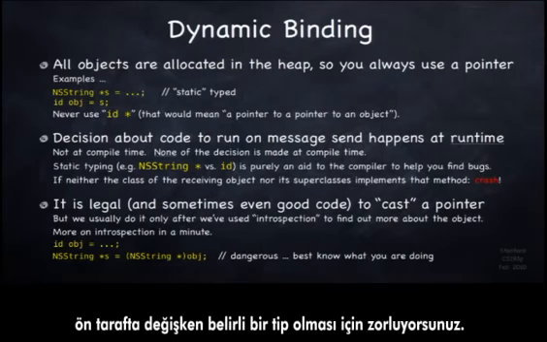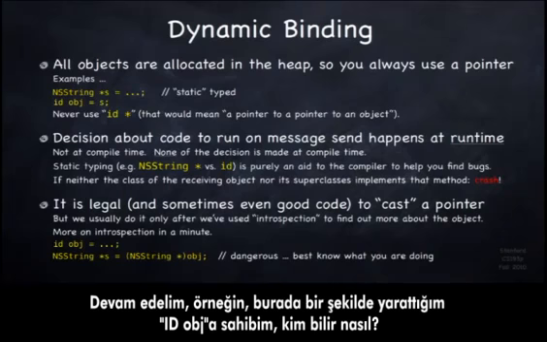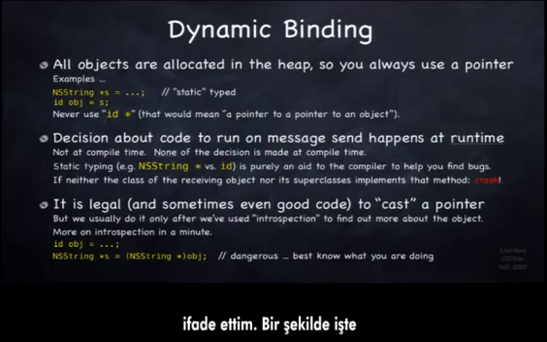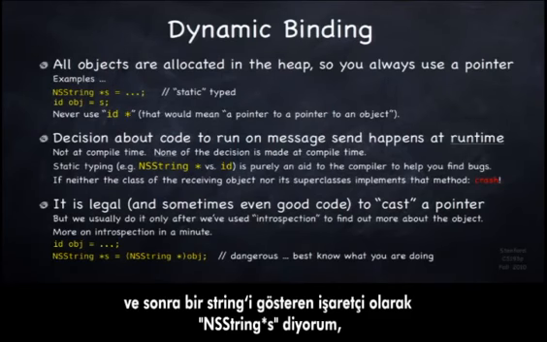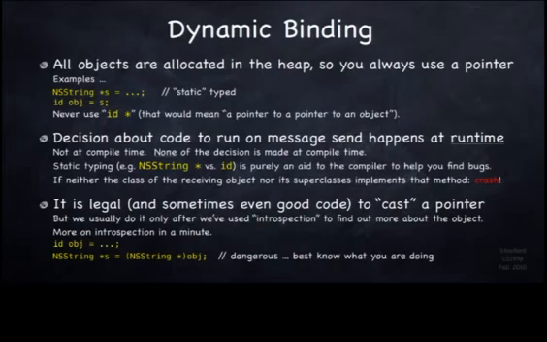You force it to be a certain type. Okay? So for example, here I have id obj, which I created somehow, who knows how. Maybe someone gave it to me, or I allocated it and initted it somehow. And then I'm saying NSString* s, which is a statically typed pointer to a string, equals that object, but I'm casting it to an NSString*. Okay?